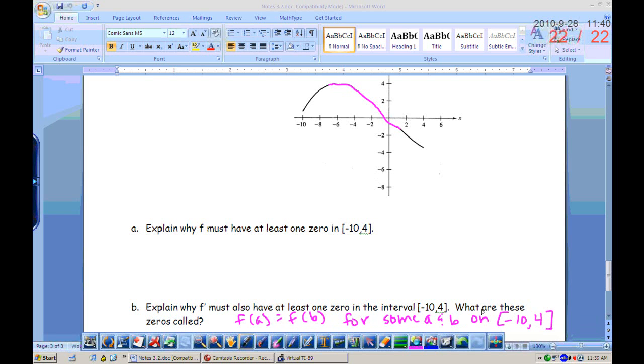All right. Somewhere between x equals -10 and 4, there's an a and b such that f of a equals f of b, like right here and right here. So by the mean value theorem, I'm guaranteed that f prime equals 0.